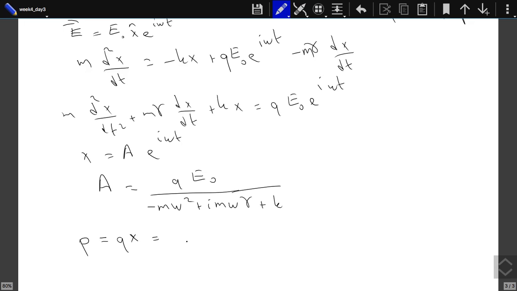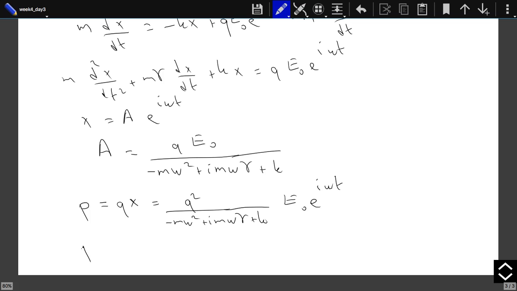Now the dipole moment corresponding to this electron is nothing but q times x. We already know what x is, so this will be equal to q squared divided by minus m omega squared plus i m omega gamma plus k times E0 e to the power i omega t.